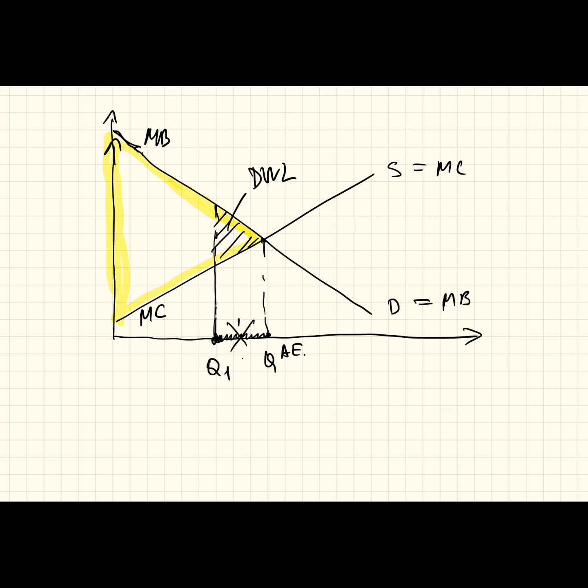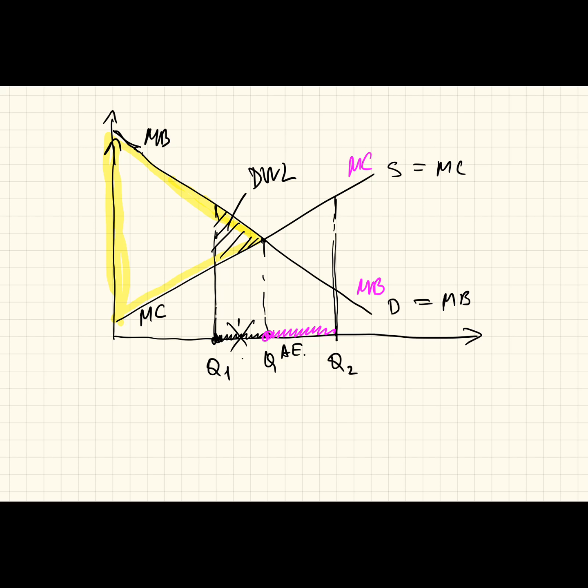Another possibility is that this market goes too far and produces too much, let's say up to Q2. It's not good either, because as I was explaining earlier, if you go beyond this point and start producing in this area, you're producing units for which marginal cost exceeds marginal benefit.